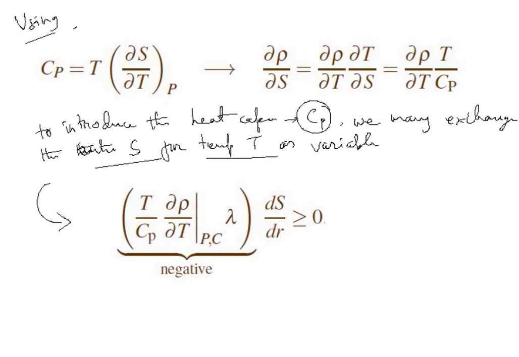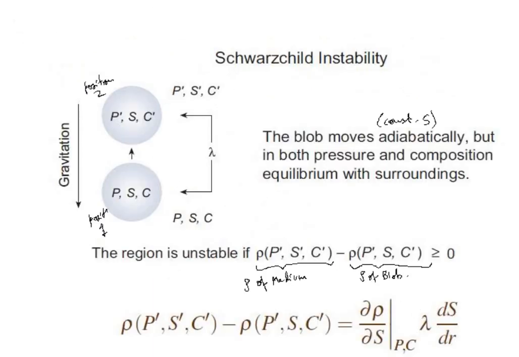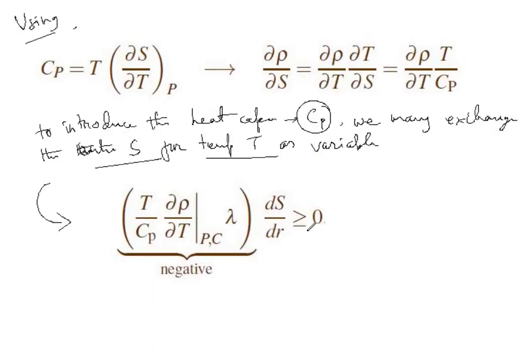You see this expression, I am just putting the value over here. Now note that this value del rho del T is negative. So what does this mean?